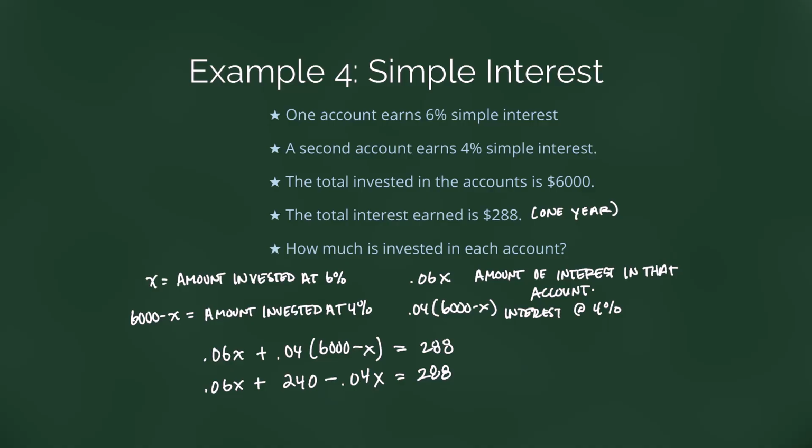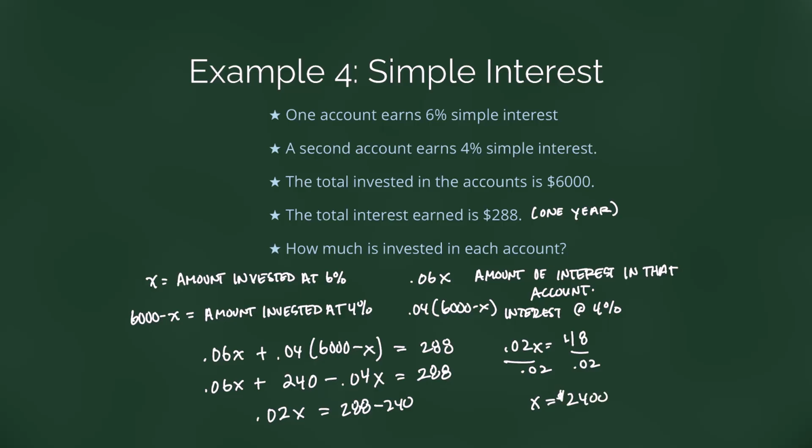I'm going to combine my like terms, so I get 0.02X equals 288 minus 240, bringing the 240 over, so I have 0.02X is equal to 48. Divide both sides by 0.02, and I get that X is $2,400.